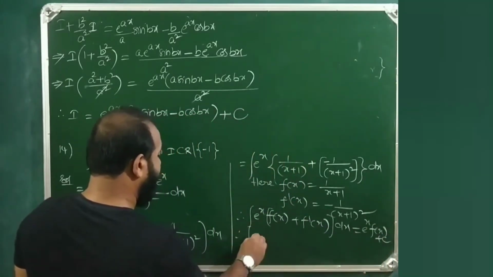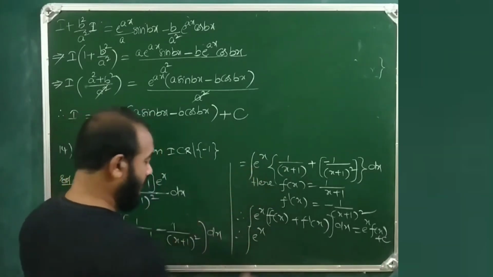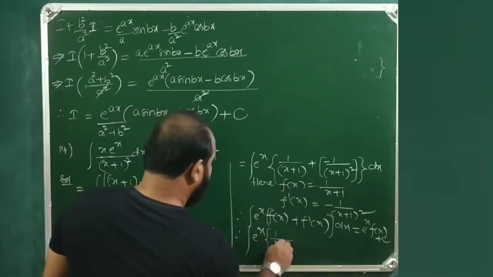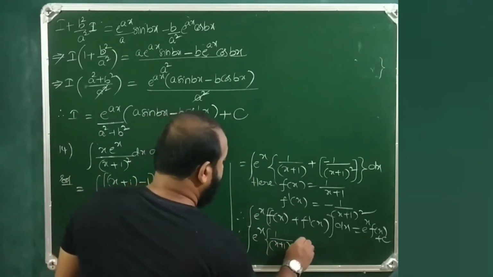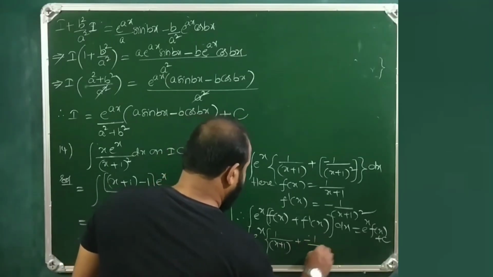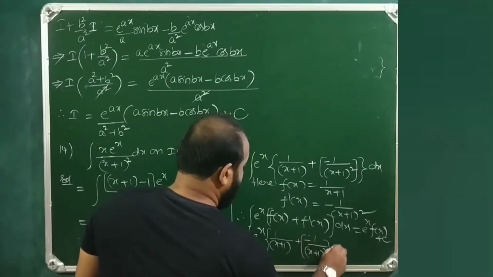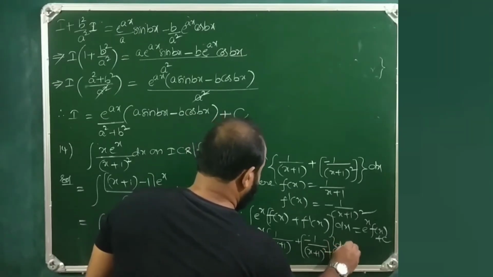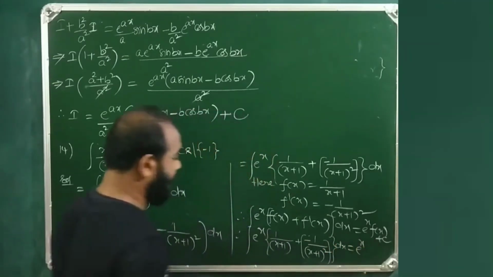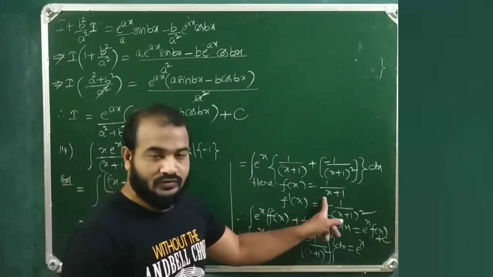Therefore, integral e power x into 1 by x plus 1 minus 1 by (x plus 1) whole square dx is equals to e power x into f of x, which is 1 by x plus 1.